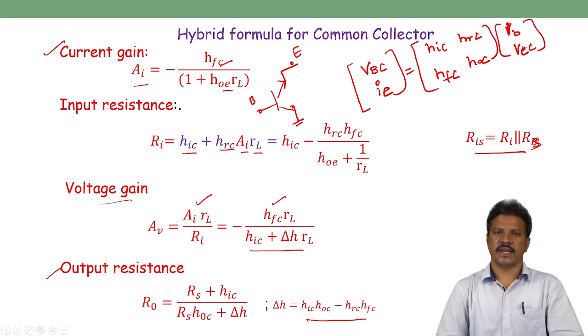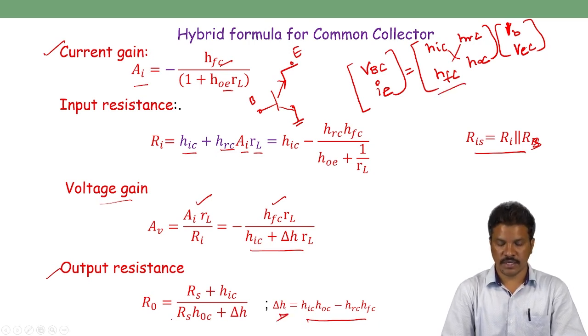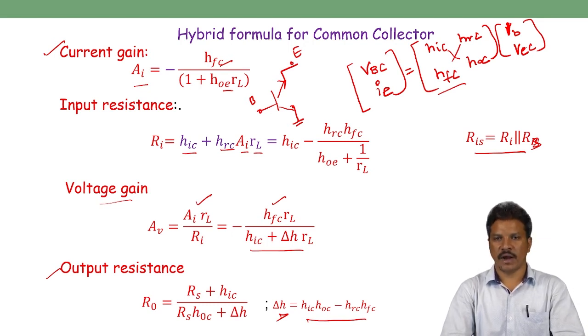So the determinant value is HIC HOC minus HRC HFC. Delta H we can calculate from this matrix, so that output resistance R0 is equal to RS plus HIC divided by RS into HOC plus delta H.